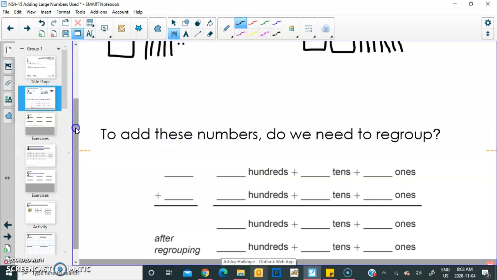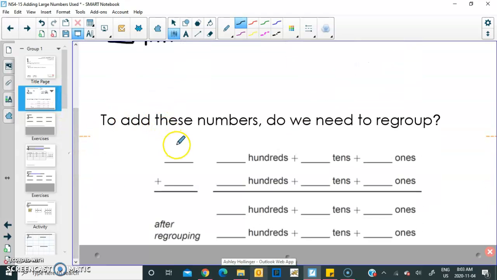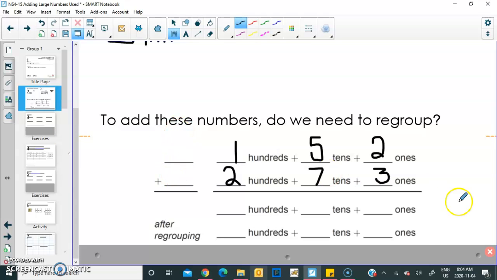So I want to add 152 to 273. Okay. Now there's no thousands, so we don't need to put anything right here.